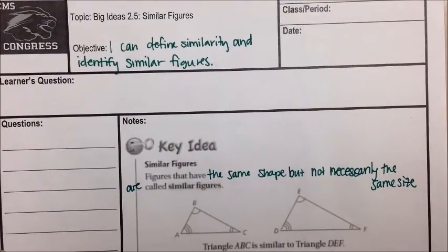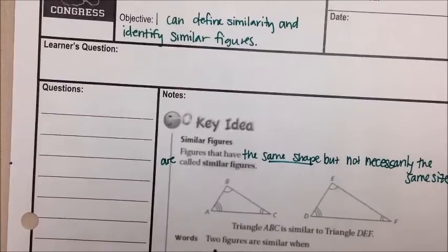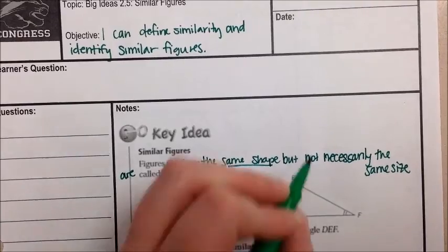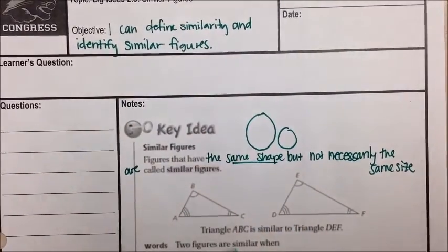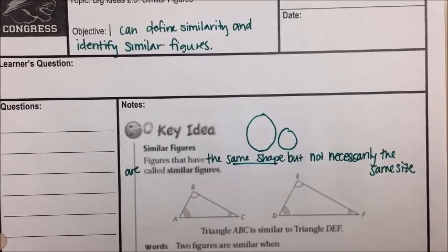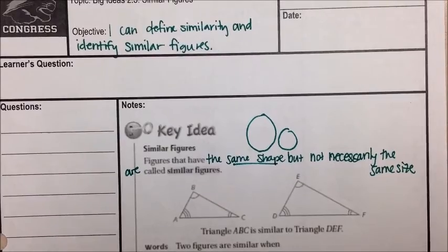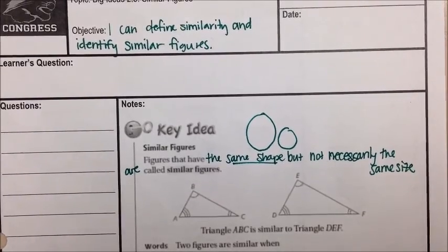So definitely the same shape, but not necessarily the same size, like a big circle and a little circle. And we'll talk about how we know it's the same shape or not. Not just necessarily a triangle, but the dimensions have to be related in a way. You kind of explored that on your activity yesterday, but we're going to talk about it.